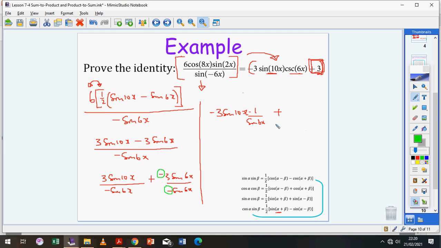Sine 6x in the numerator crosses out with sine 6x in the denominator. So then I end up with just positive 3. So I have negative 3 sine 10x times 1 over sine 6x, which is the same thing as cosecant 6x, plus 3. I have proved what they asked me to prove.